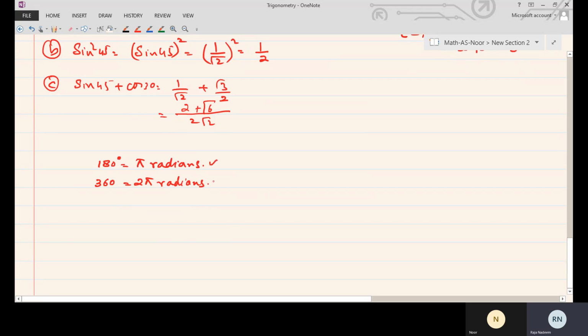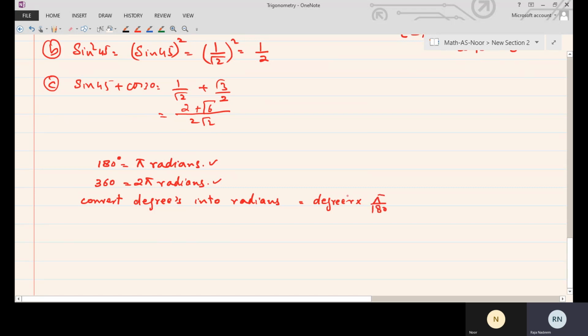So these two are basic information, and we have learned how to convert degrees into radians, and for such case we multiply degrees by pi over 180.